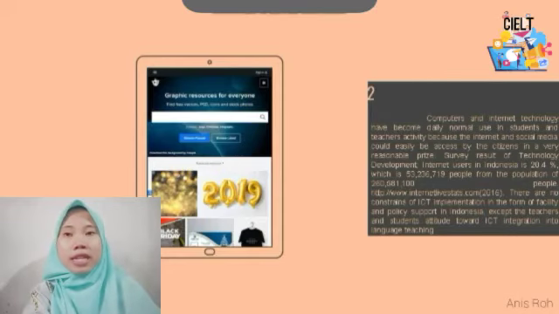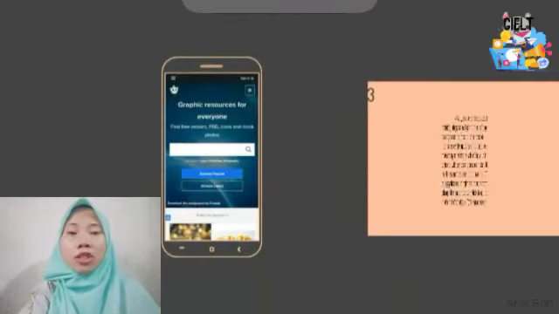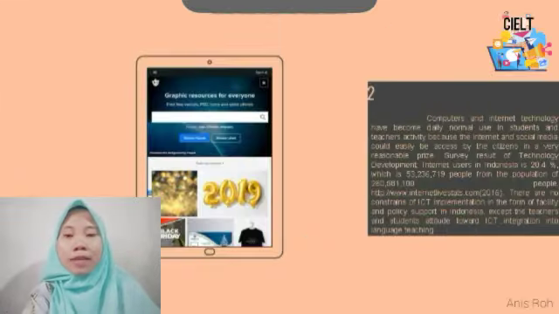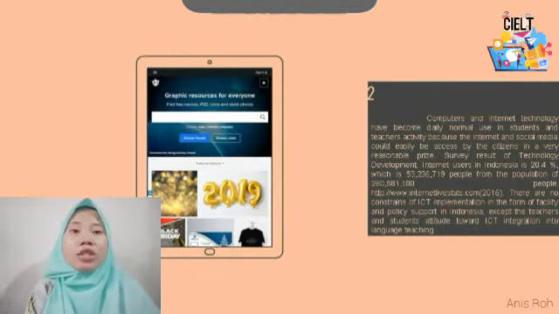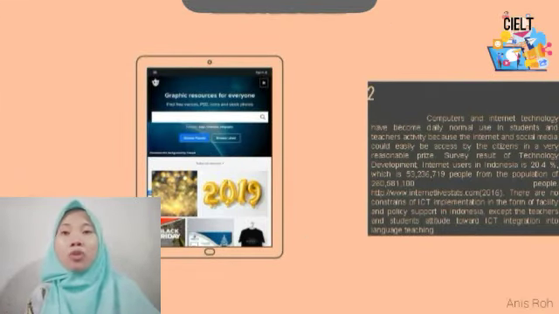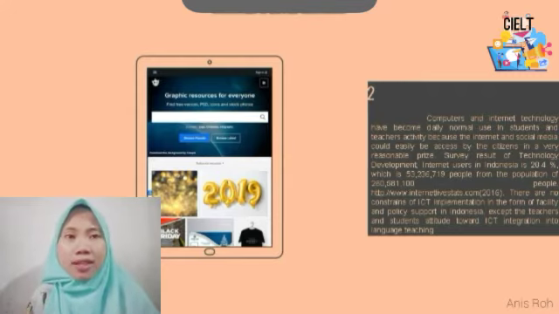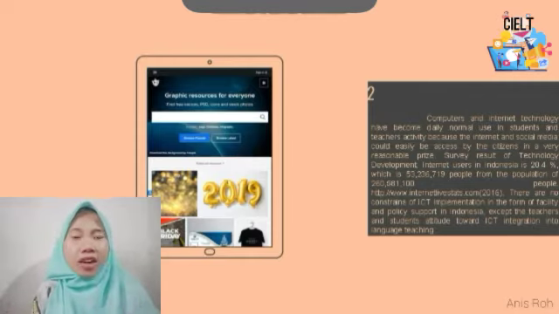Okay, and number 2: computer and internet are basic if you want to improve your skills or use media for ICT. Computers and technology have become a normal daily part of student and teacher activity because the internet and social media can easily be accessed by citizens at a very affordable price.